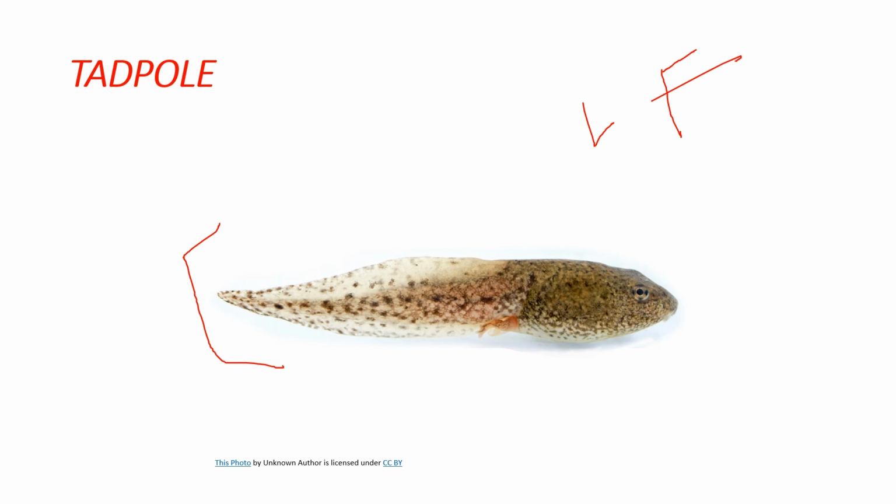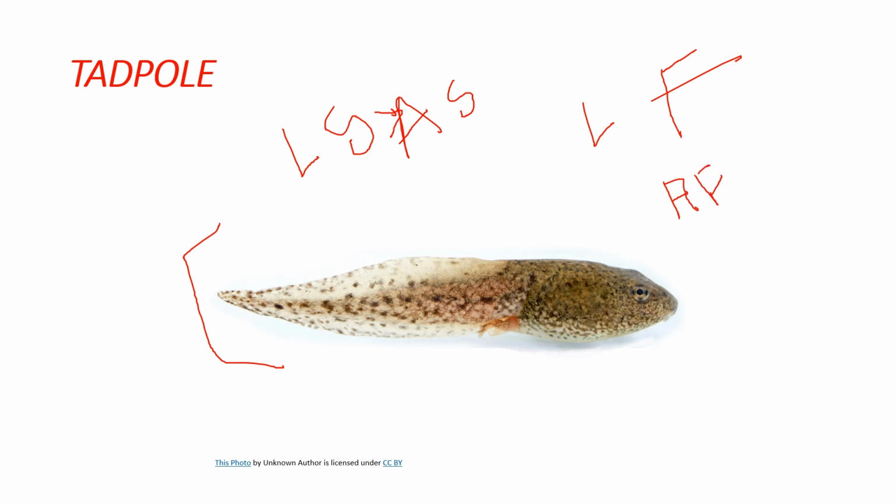So this process in which an animal has different forms in larval stage and adult stage is called metamorphosis, and indirect development means nothing but an organism which undergoes a larval stage and then develops into an adult which has a completely different form. So that is called indirect development.